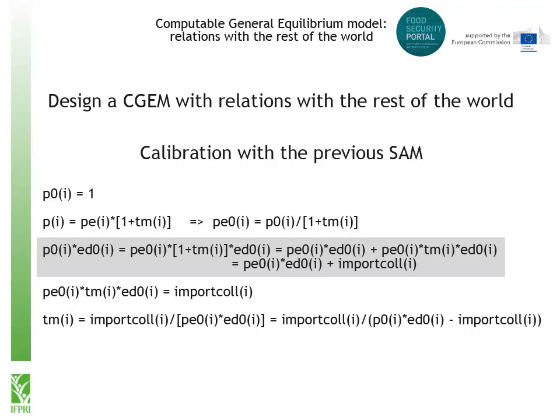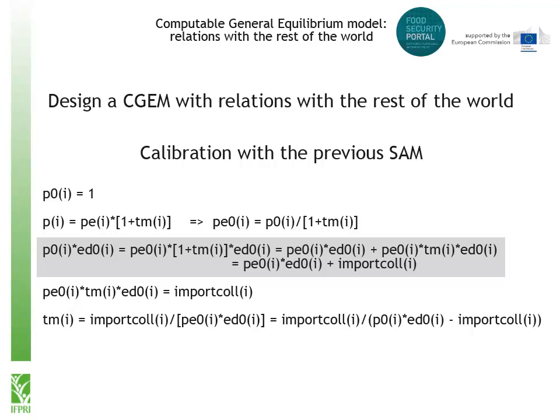Because in fact you can start with the previous equation, multiply by ED0 in sector I, and you've got, after development, P0 times ED0 is equal to PE0 times ED0 plus PE0 times Tm in sector I times ED0 in sector I.